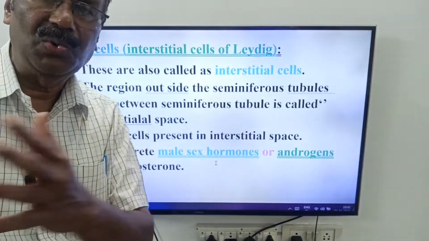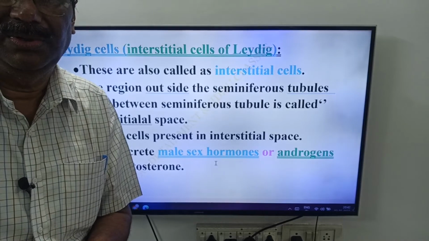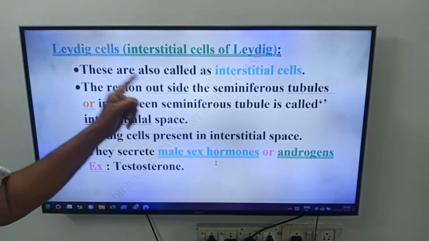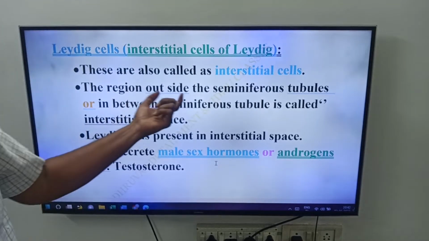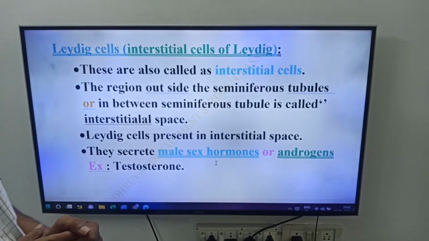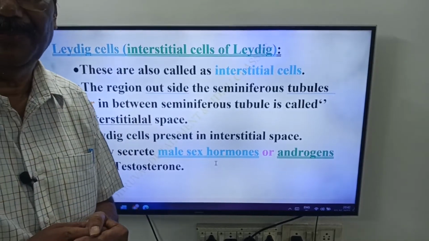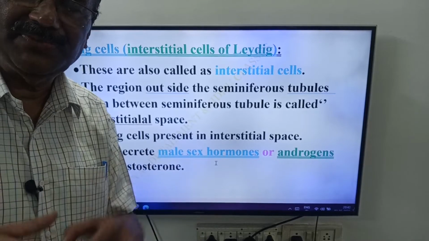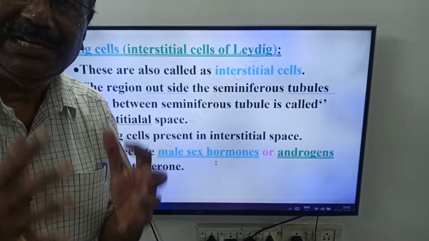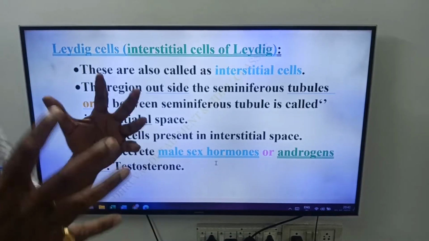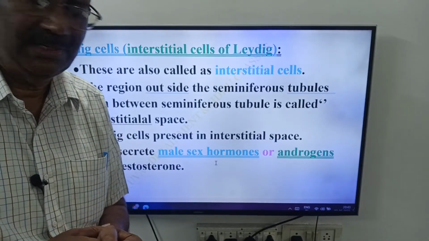Leydig cells are present outside or in between the seminiferous tubules. The region in between the seminiferous tubules is called the interstitial space. These Leydig cells are present in the interstitial space.